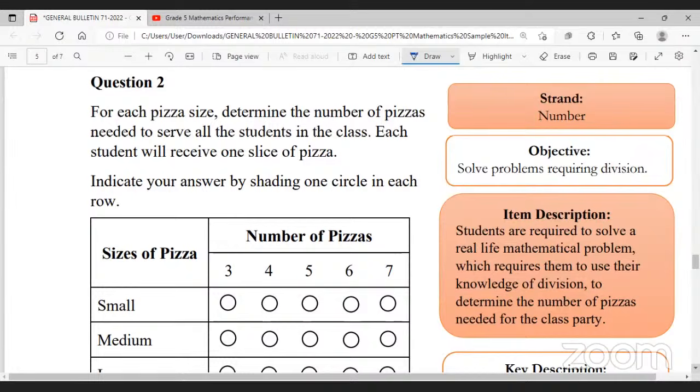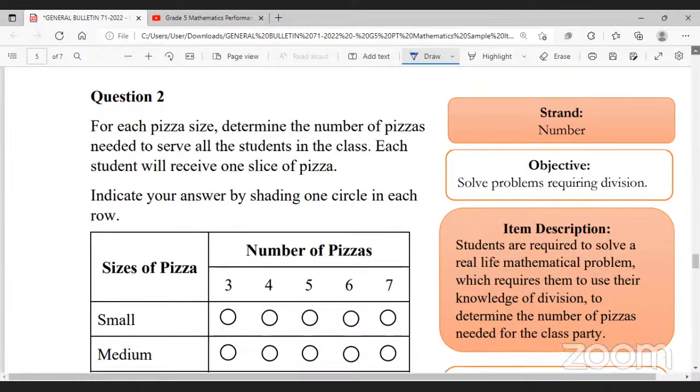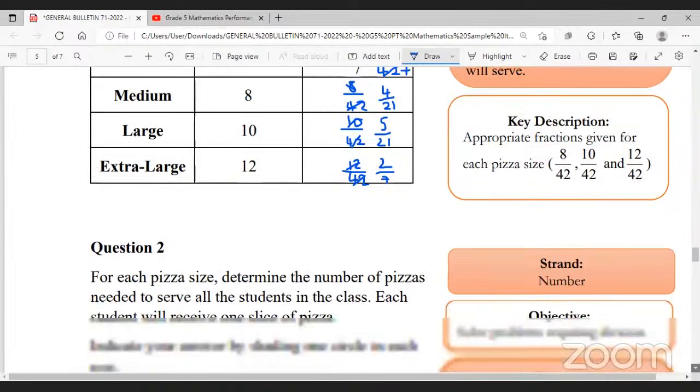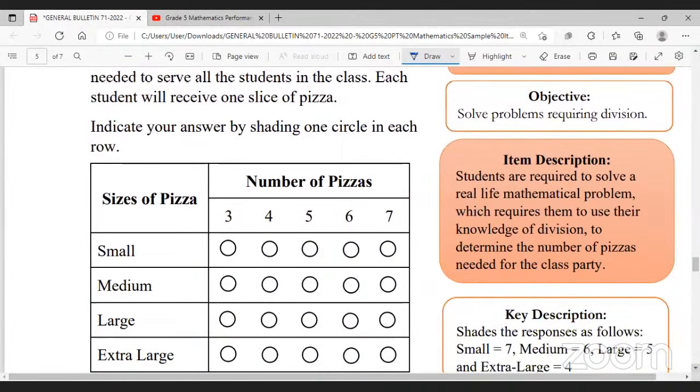It says you should indicate your answer by shading 1 circle in each row. So by looking at my responses here, I could simply do a multiplication, right? And I'm going to show you that afterwards.